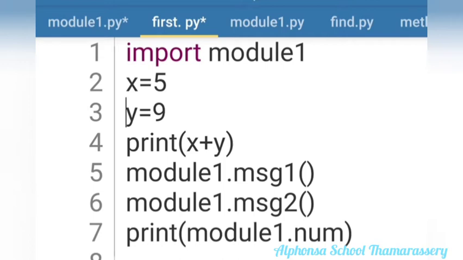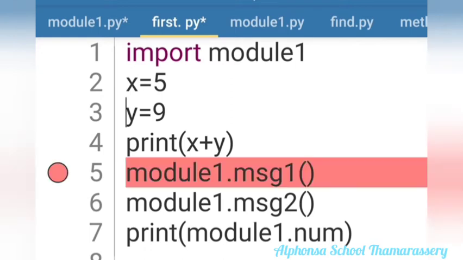Here I include that module1 by using import statement, import module1. Then I assign two variables with some values, then a print statement. Then see the next statement, module1.msg1. Here msg1 is not part of the present program, but that is part of the imported module.